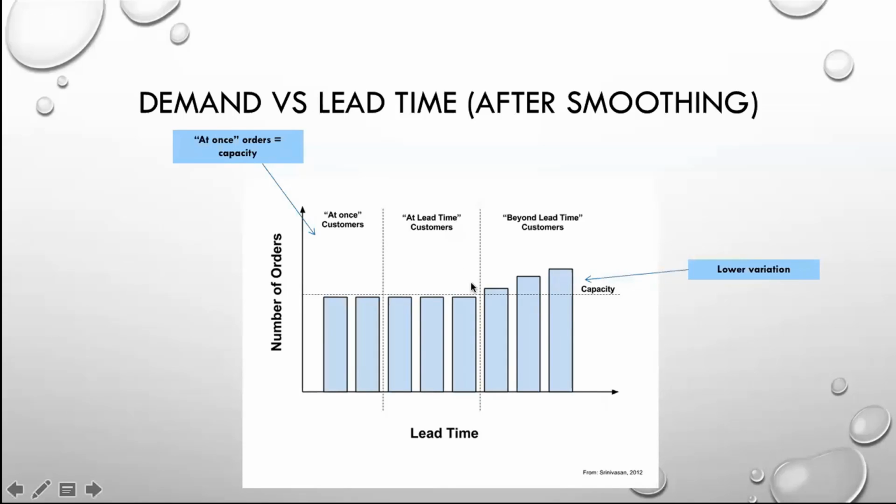So actually, reducing lead times shifts your whole graph to the right, so that more of your beyond lead time customers become at lead time customers. Okay, so your bars will be like this instead of where they were. Okay, that's important to understand.